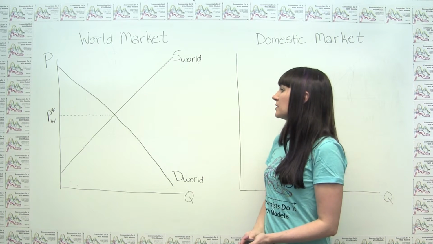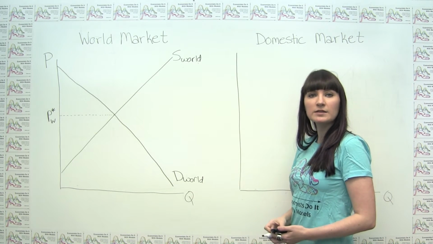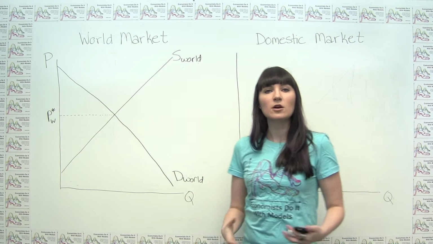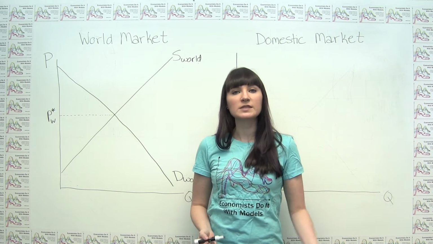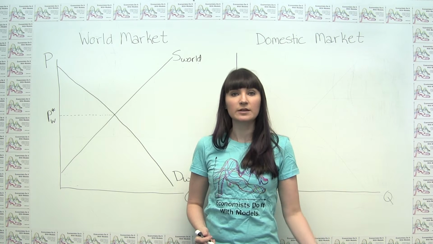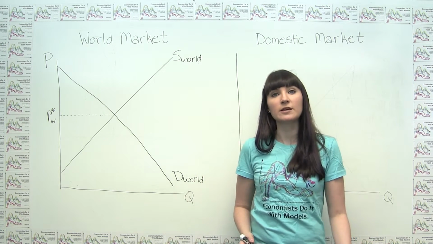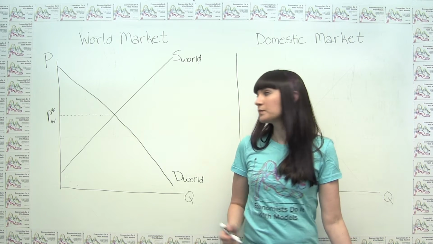And the reason that this is important, and how it comes back to taking the world price as given, is similar to the argument we make for why firms can take the market price as given in competitive markets and why consumers can take the market price as given in competitive markets.